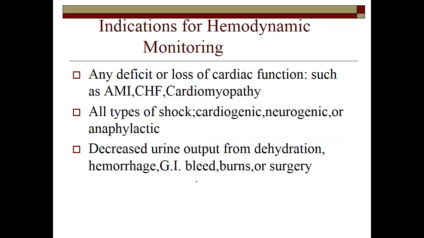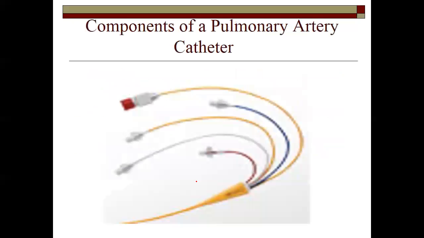This will help me overcome that. And so we see these placed subclavian, or through the neck, through the subclavian, then through the arm, through the leg. So that's a number of different placement options.